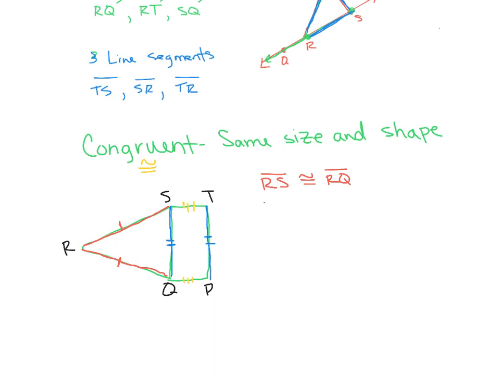So we could say SQ is congruent to TP. And then this side has three yellow tick marks and this side has three yellow tick marks. So we could say that ST is congruent to QP. And that is how you do that lesson.